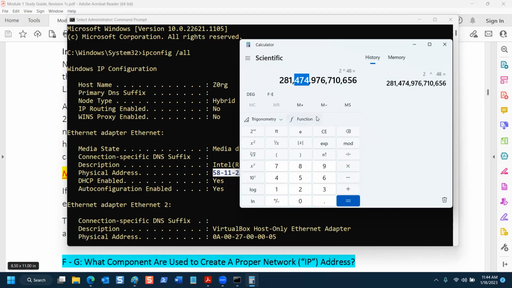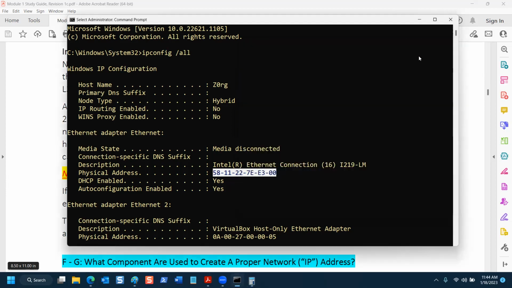Oh, wait, 474 billion. 281 trillion 474 billion 976 million 710,656. There is no reason why any connected device on our planet cannot possess a unique media access control address or identity, right?